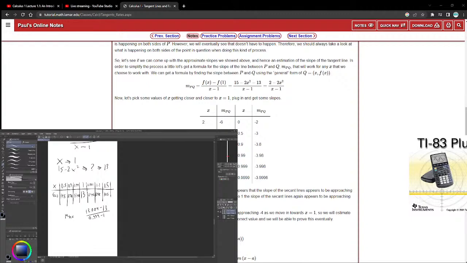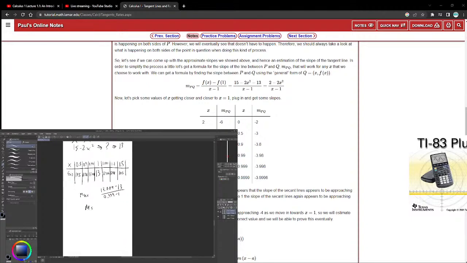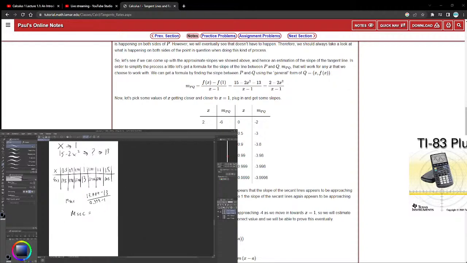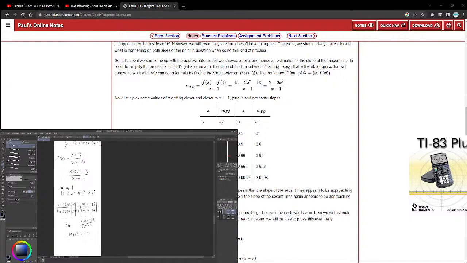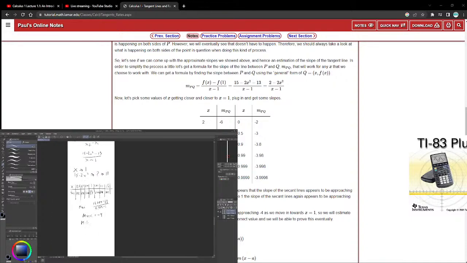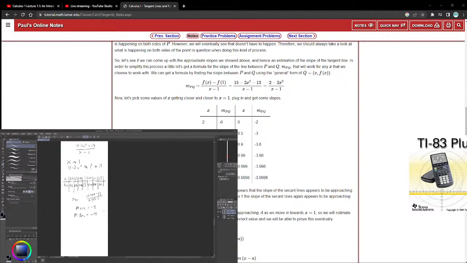And then you get negative 4, which means the slope of the tangent line should be about -4.